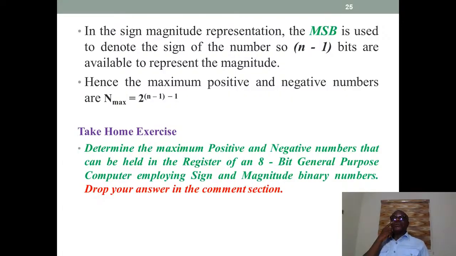It gives you n minus 1. But then, because the 0 is there, the maximum positive and negative numbers are equal to 2 raised to power n minus 1, minus 1.